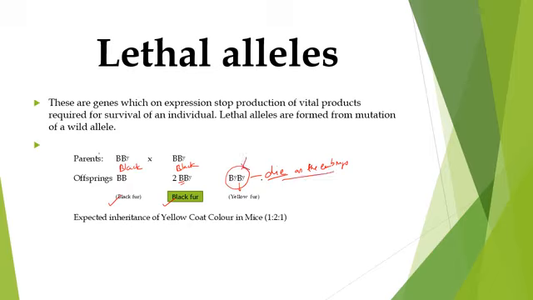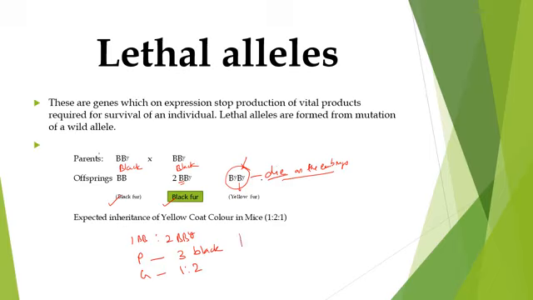So if this expression is not there, what will the ratio be like? We will get one capital B capital B to two capital B small y. When we talk about the phenotypic ratio, all will be black, three black. And the genotypic ratio would be 1:2.